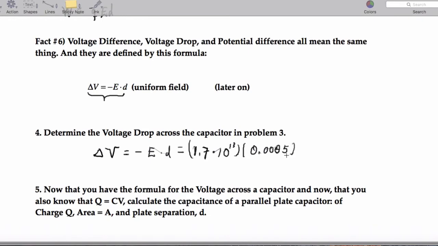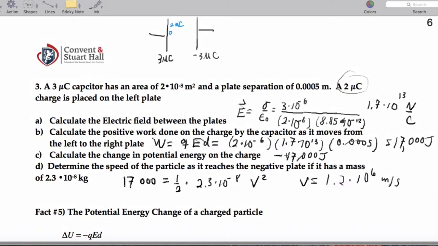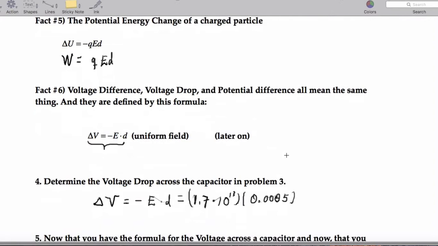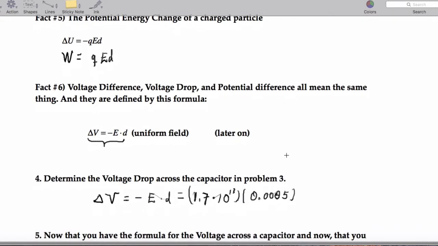Sorry, 3 zeros and then a 5. So that is going to give us, for our voltage drop, or our potential difference, 8.5 times 10 to the 9th volts, quite a bit.